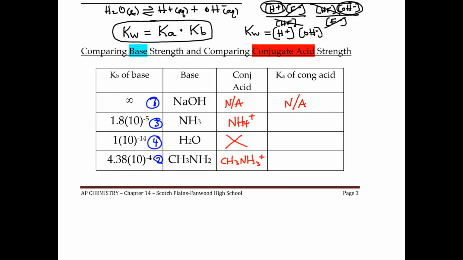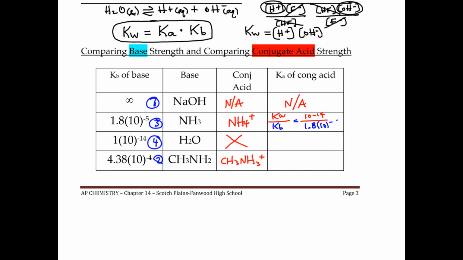But we are going to find the Ka for each of these by doing what we did before. So we're going to take Kw divided by the Kb of the base. So Kw is going to be 10 to the minus 14th. The Kb is going to be 1.8 times 10 to the minus 5th.